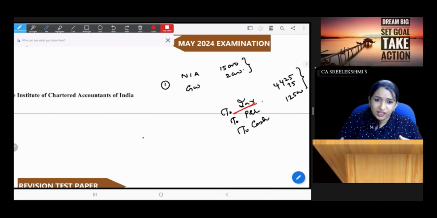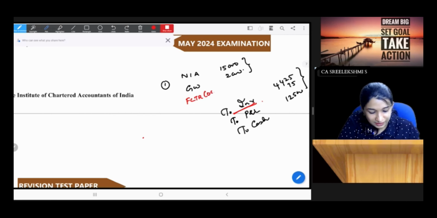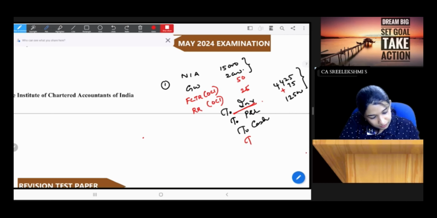So both they have passed as a combined entry. I'm just writing here foreign reserve in OCI, revaluation reserve in OCI. Foreign reserve 50 and this is 25. FCTR will be, let's add here 50, 125 and to retained earnings 25.